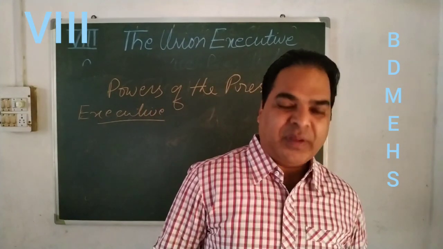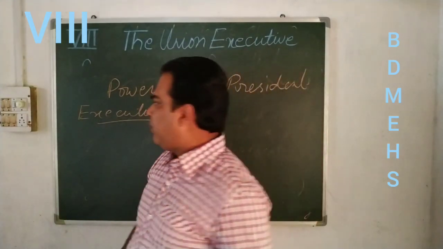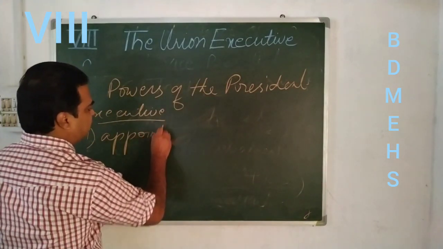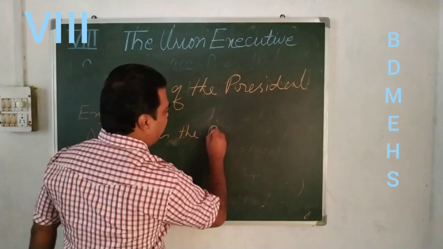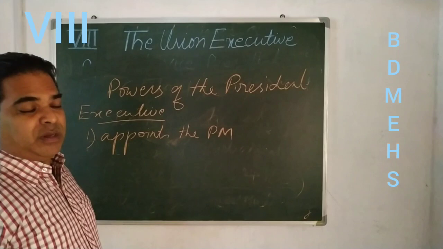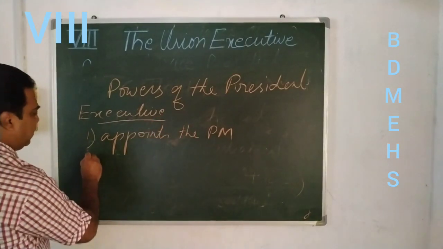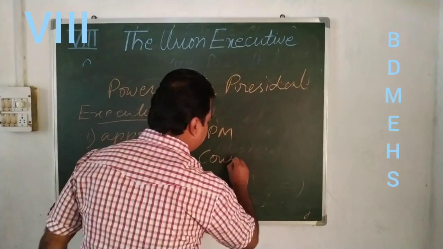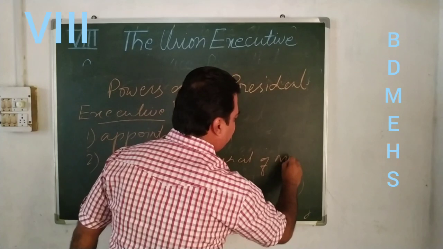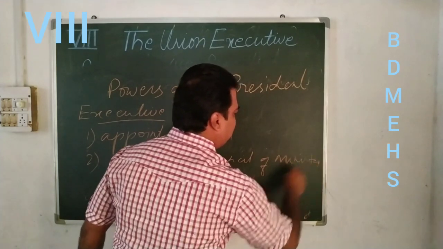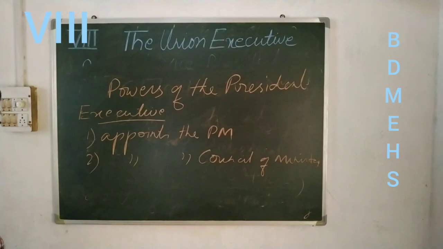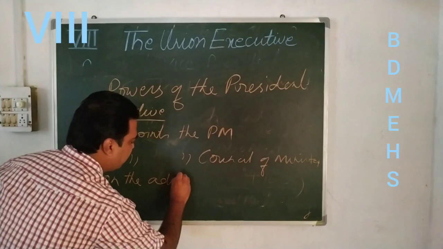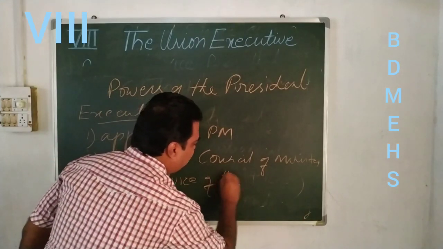The first important power of the president is that the president appoints the PM, the Prime Minister. Number 2, appoints the council of ministers on the advice of the PM.